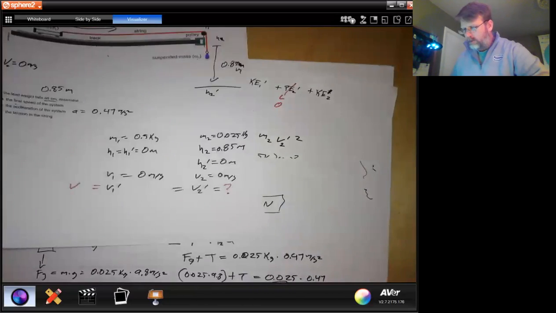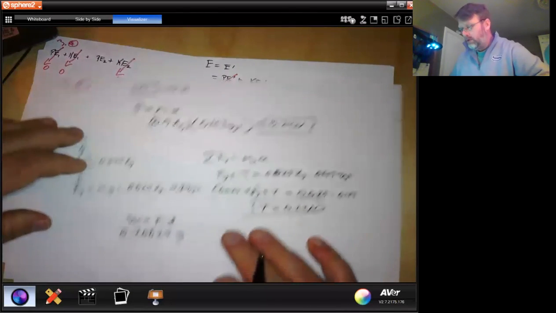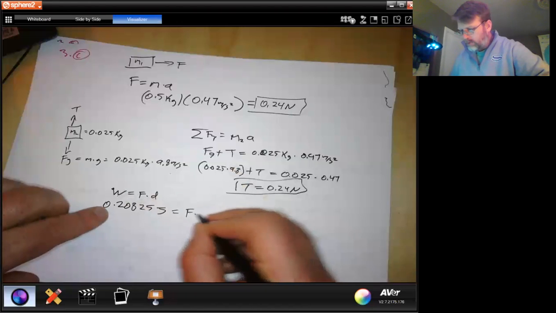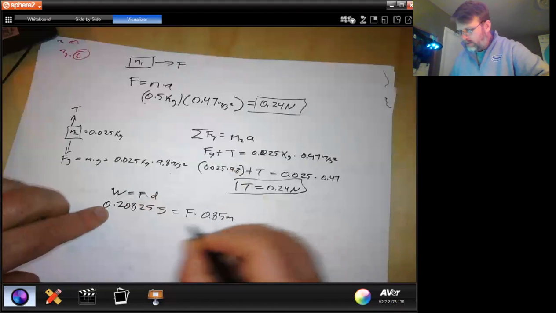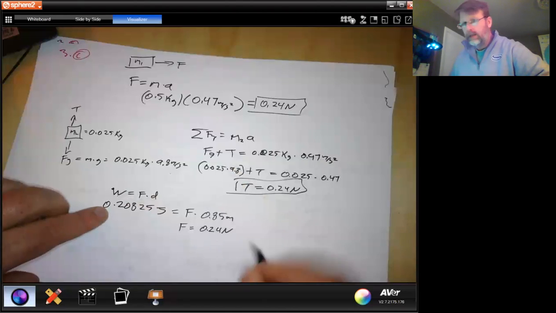So a joule is a joule is a joule. That means we can now use that number to find our force times 0.85 meters. And guess what? Your force comes off pretty close to 0.24 newtons again.